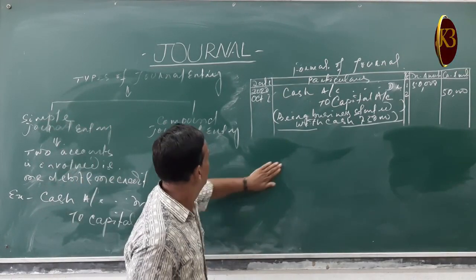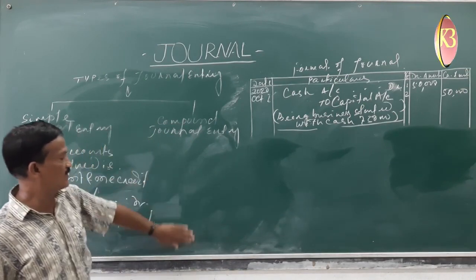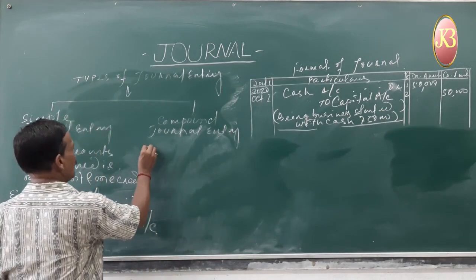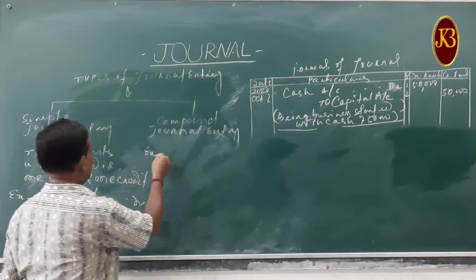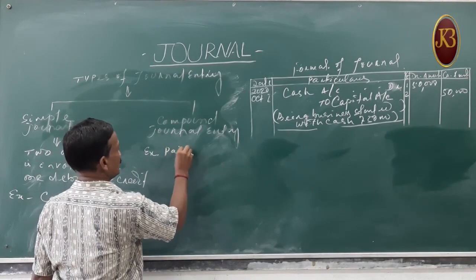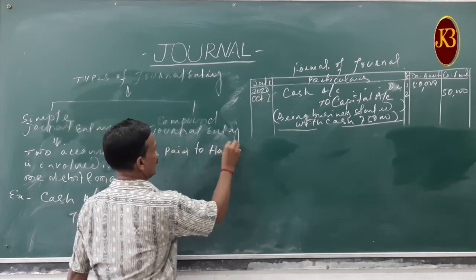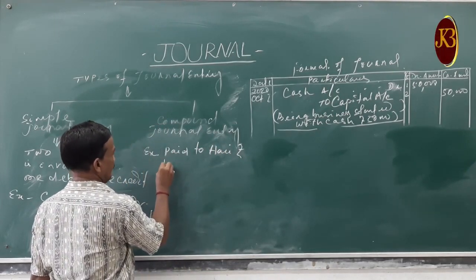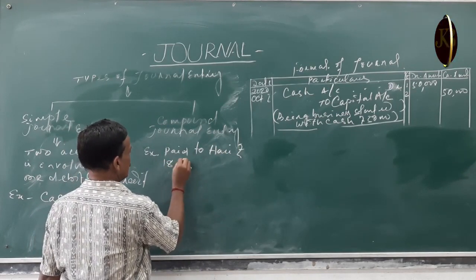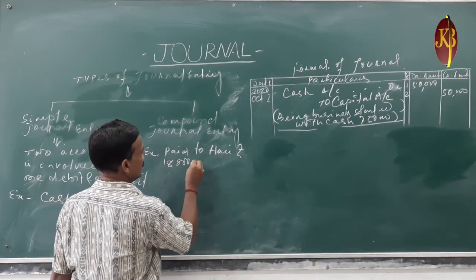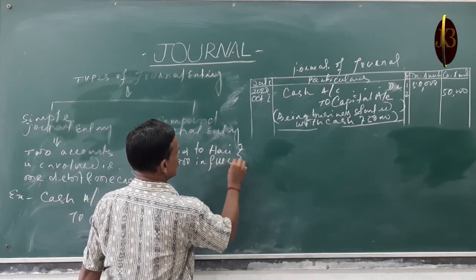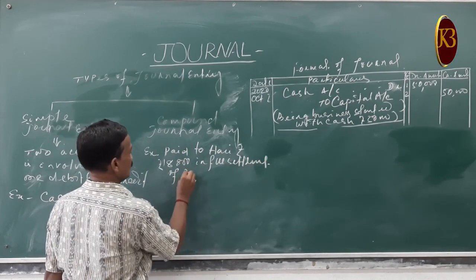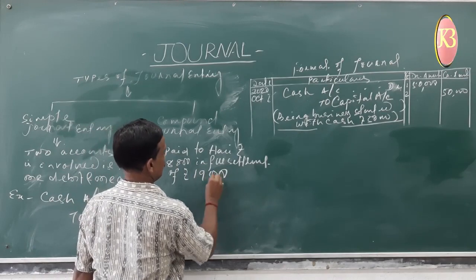That means more than two accounts are involved. Example: paid to Hari rupees 18,800 in full settlement of rupees 19,000.